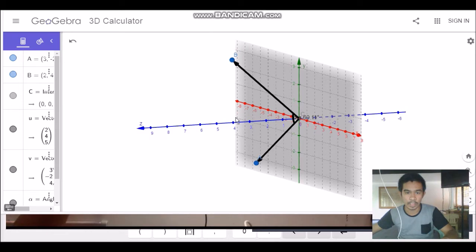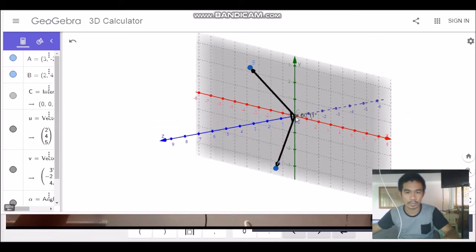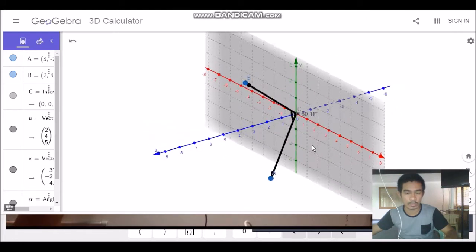Right, so B is 2 units positive, and then you go upward, it has 4 units, 1, 2, 3, 4, and then in the positive z direction, that is 5 units. Alright, and look at the angle between the two vectors.